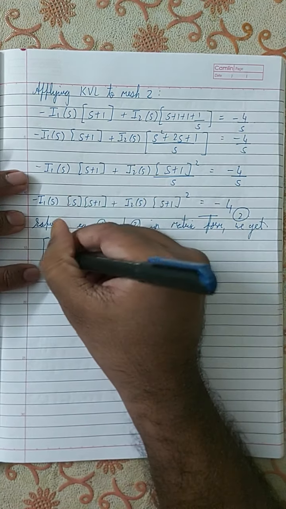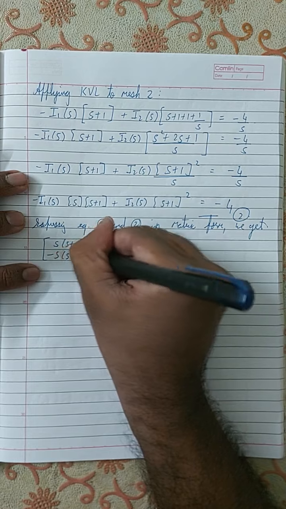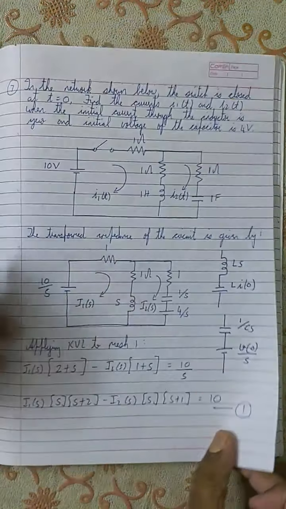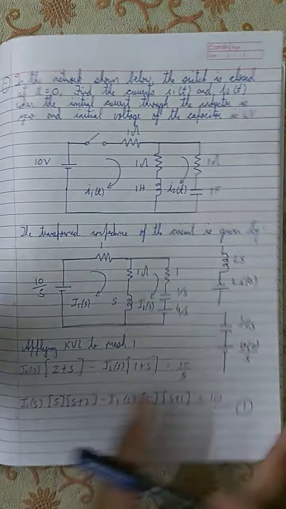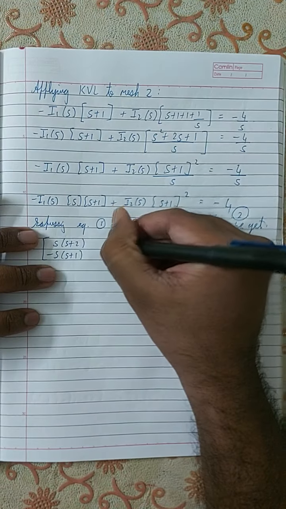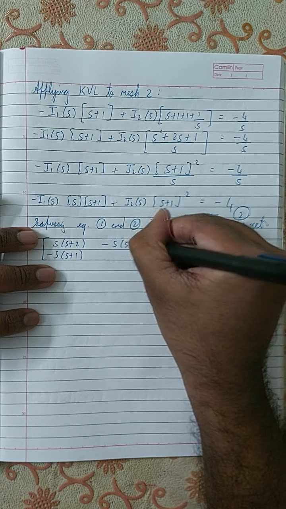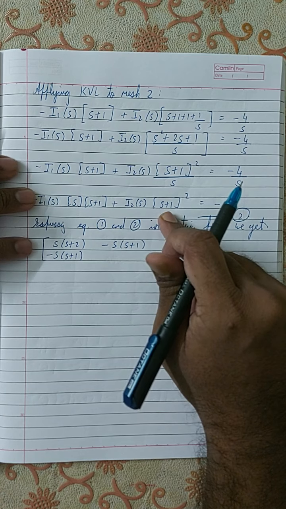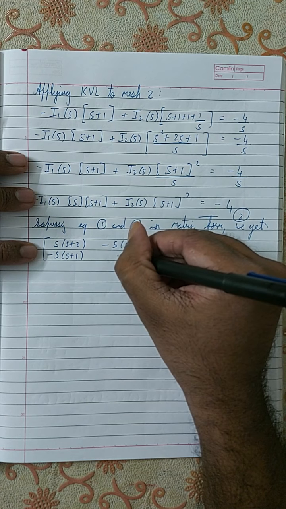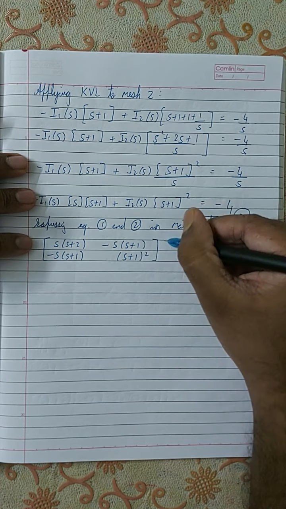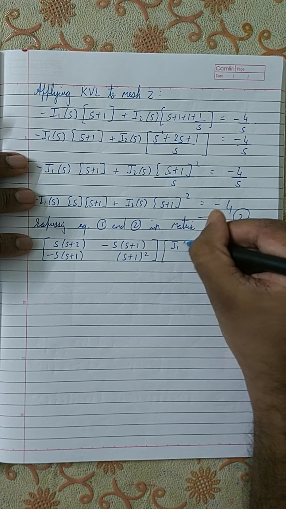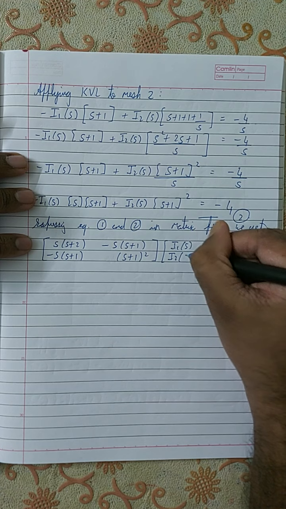Here you have minus of s into s plus 1. Here you have s into s plus 1, minus of s into s plus 1. So you have minus of s into s plus 1, and here you have s plus 1 the whole square. Okay, and this is I1 of s, and here it is I2 of s.